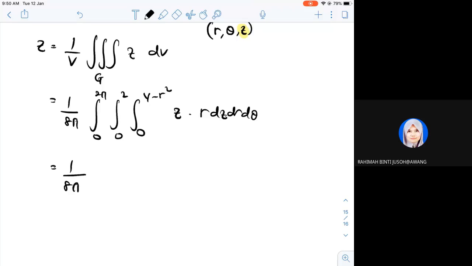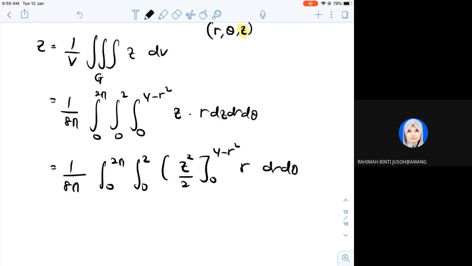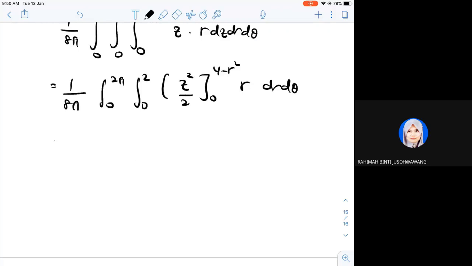8 pi, 0 until 2 pi, 0 until 2. So it becomes z squared over 2. Substitute 0 until 4 minus r squared darab dengan r dr d theta. So we will have 1 over 2 ni saya nak bawa keluar. So we will have 1 over 16 pi, 0 until 2 pi, 0 until 2.